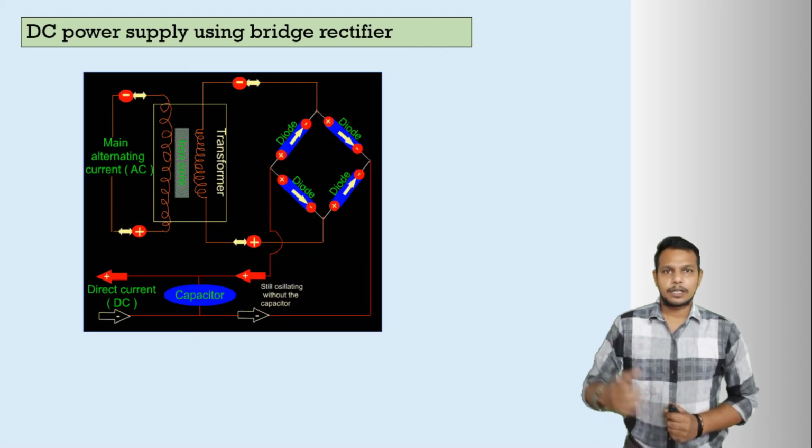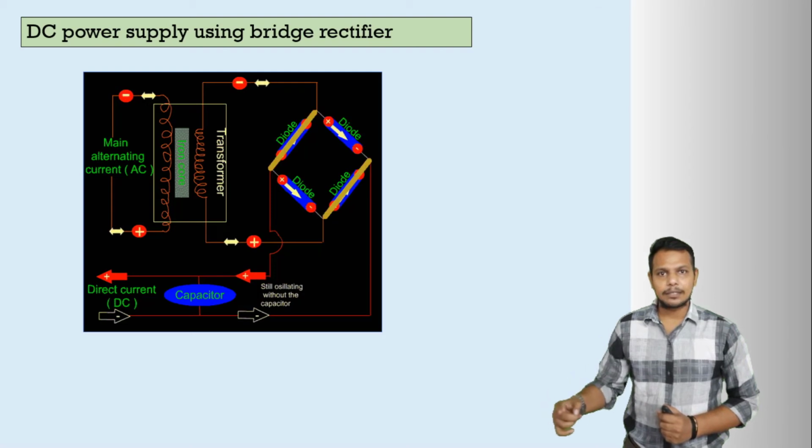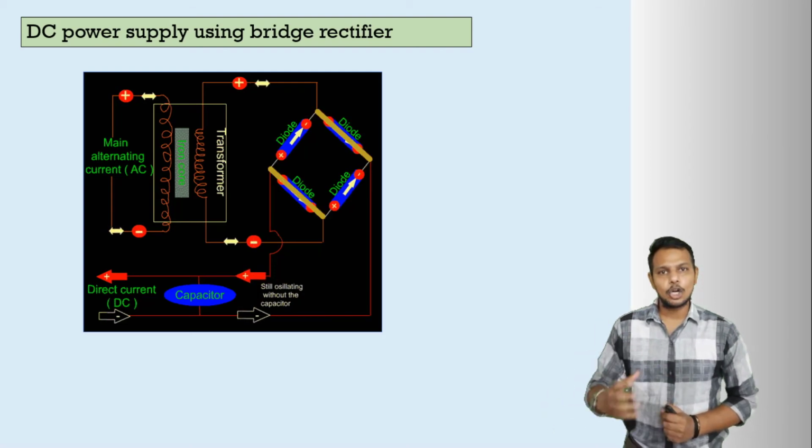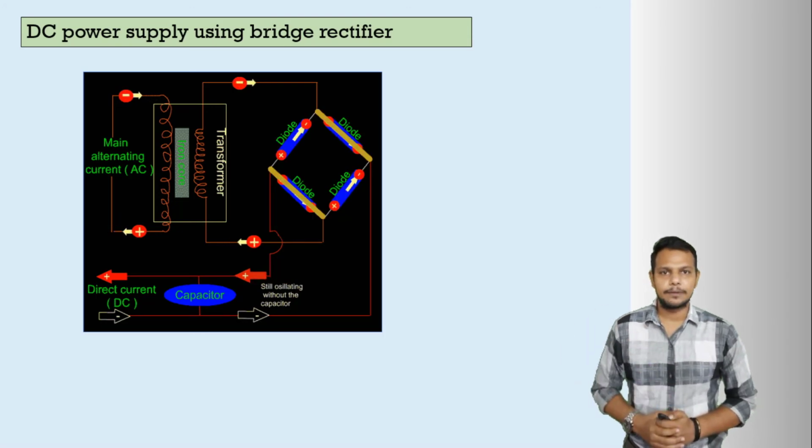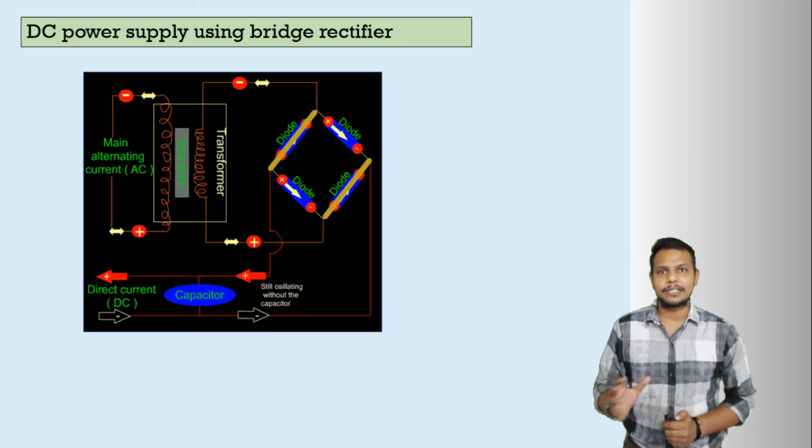Then after, current completes its path across the RL load resistor, and we will get the perfect output of the bridge rectifier. We will get output similar to the input side. So this is the DC power supply using a bridge rectifier.